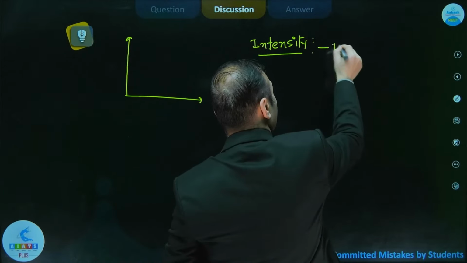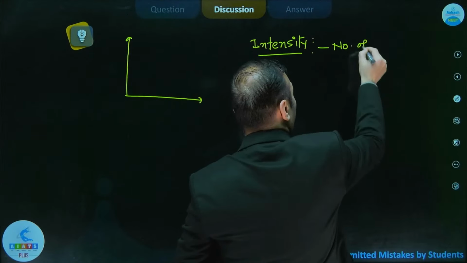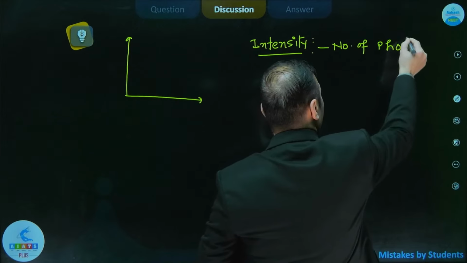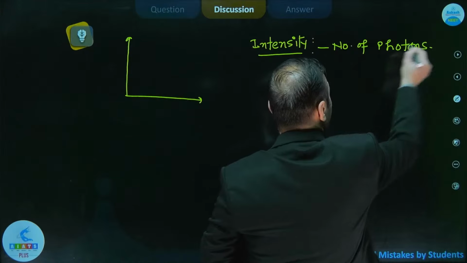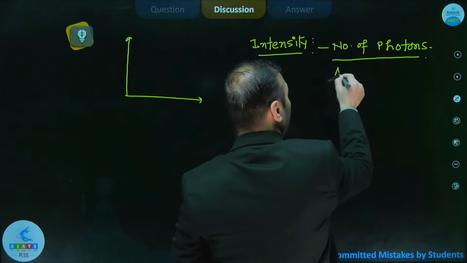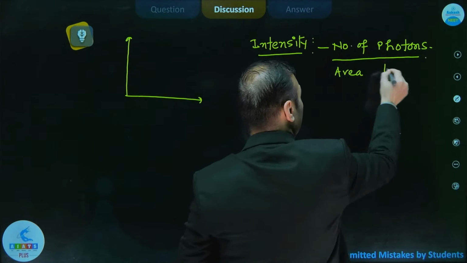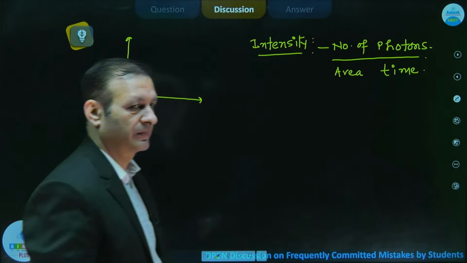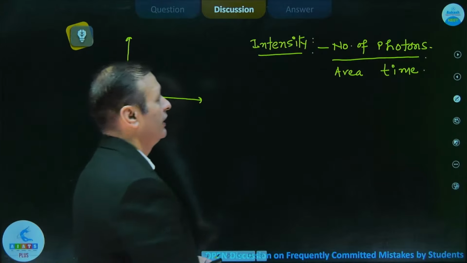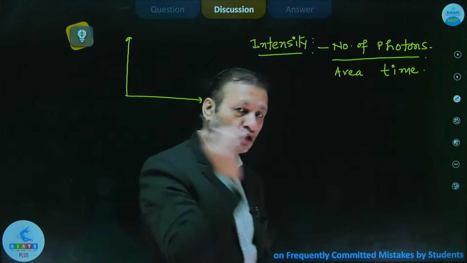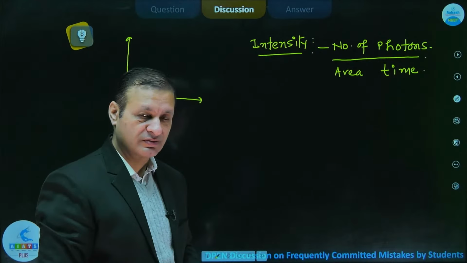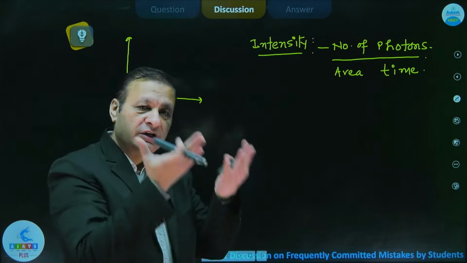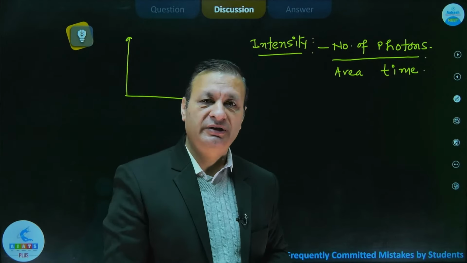Intensity means number of photons striking per unit area per unit time. Got it? If more number of photons strike the surface, definitely more number of photoelectrons will be emitted.